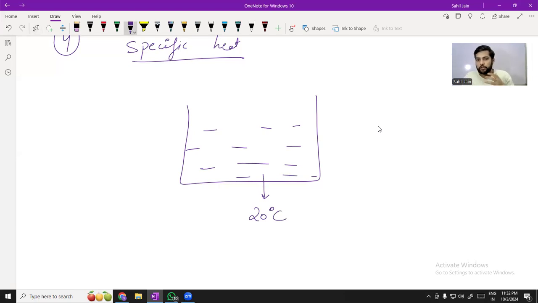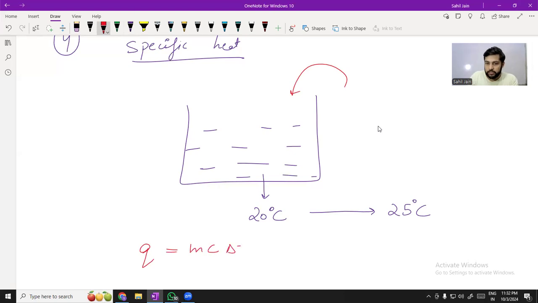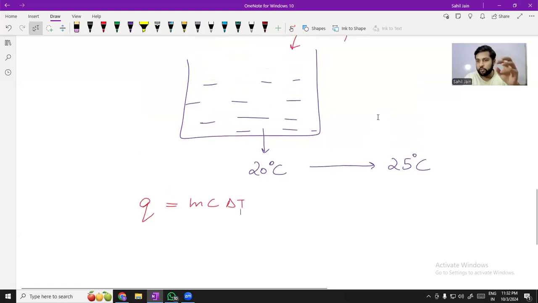I want to heat the water and bring it to 25 degrees Celsius. Now the question arises, how much heat do I need to give to the water? Okay, so we have a formula. The heat required is Q equals MC delta T, where Q is the heat required to be given to this water.